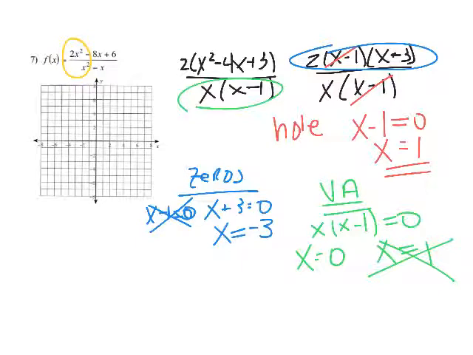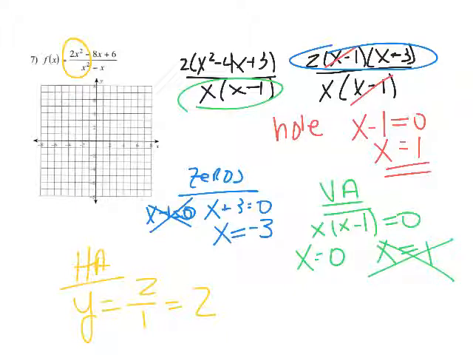When your degree is the same, meaning your exponents are the same, you take the leading coefficients. So it would be 2 over 1, and you have a horizontal asymptote at y equals 2. That's pretty much all you need to give us: vertical asymptotes, zeros, and horizontal asymptotes.